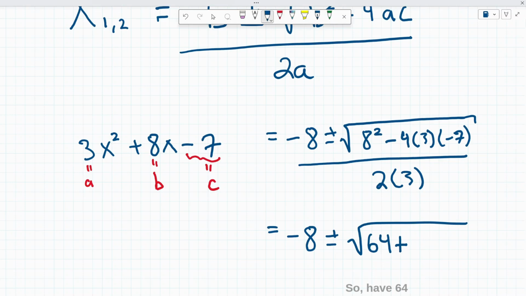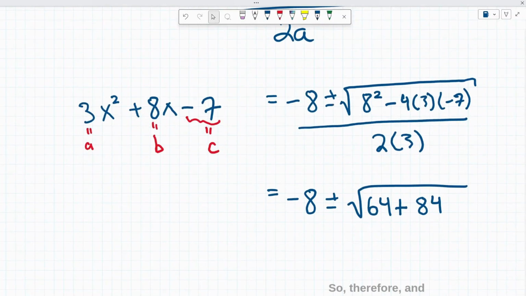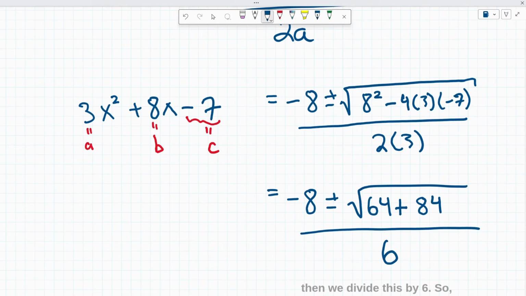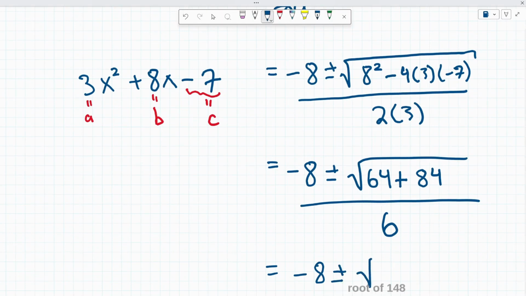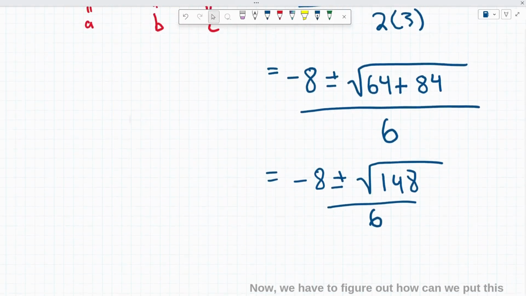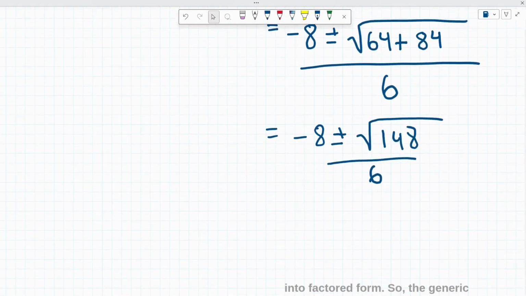So we have 64 plus 84, and then we divide this by 6. So let's simplify this even further. So we have negative 8 plus or minus root of 148 all over 6. Now we have to figure out how we can put this into factored form.